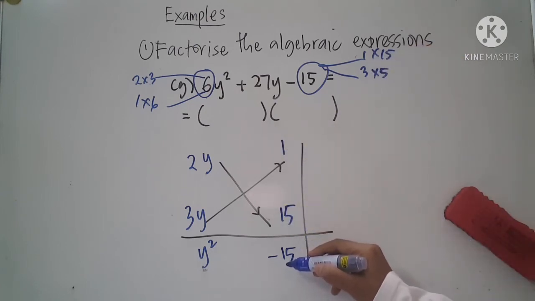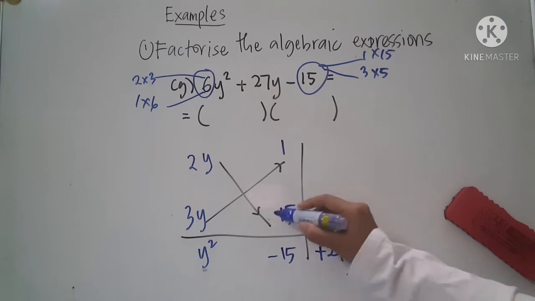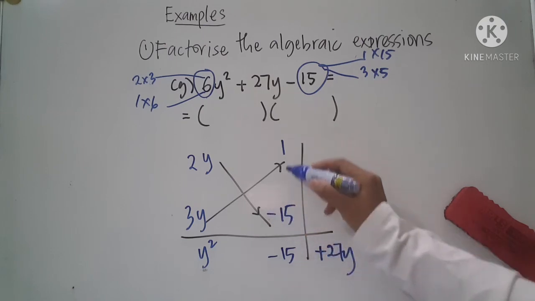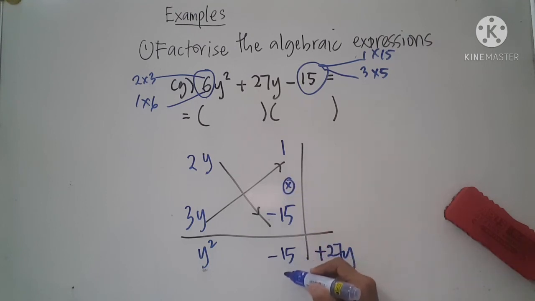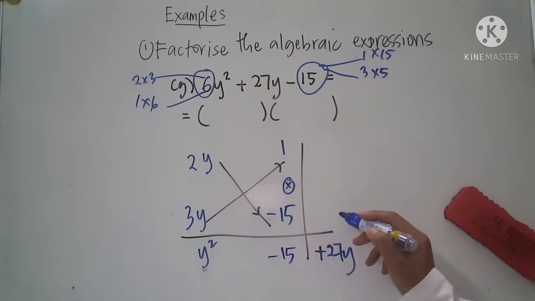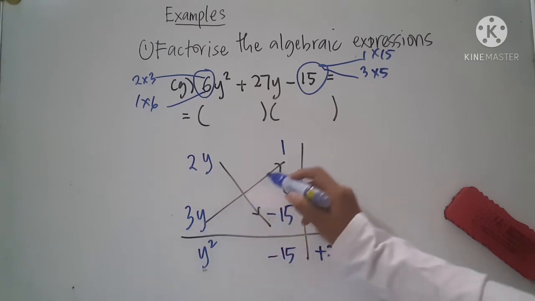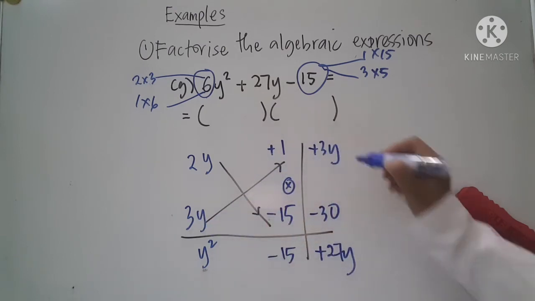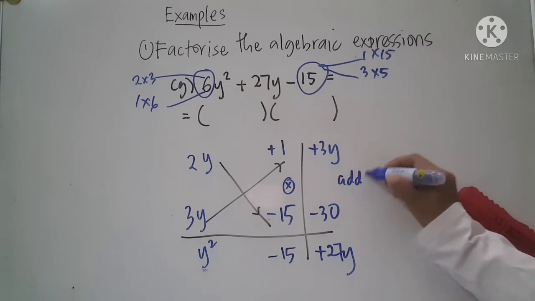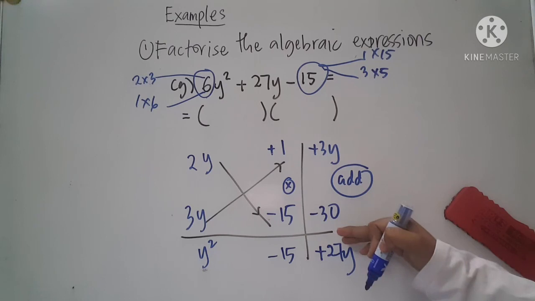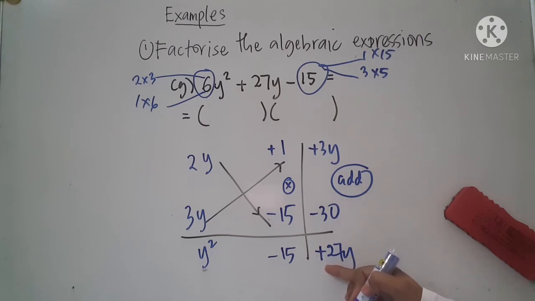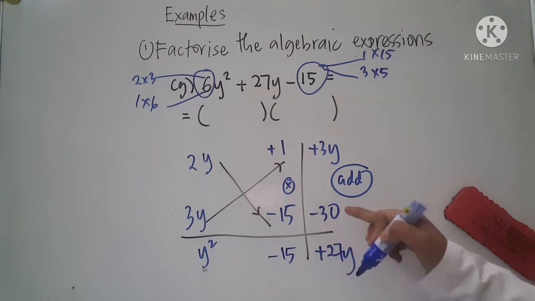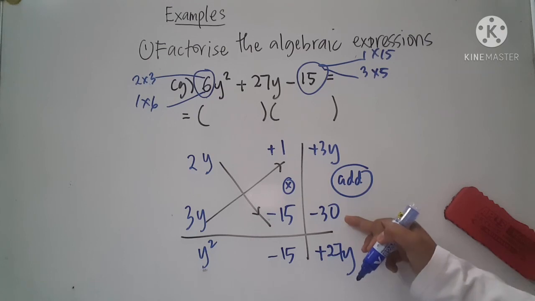Since here it is a negative sign, where should I put the negative sign? Let's say I put the negative sign on 15. 1 times negative 15 is negative 15. 2y times negative 15 will be negative 30y. 3y, this one is positive. 3y times 1 is positive 3y. When I add up this column, can I have a positive sign here? No. Therefore, this cannot be negative 30. It must be the positive sign.